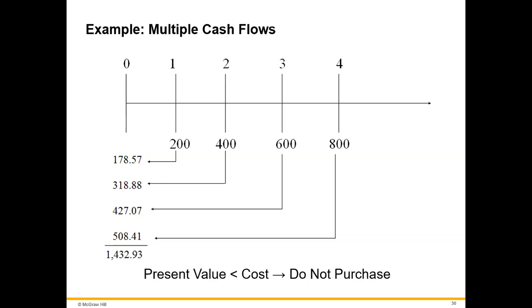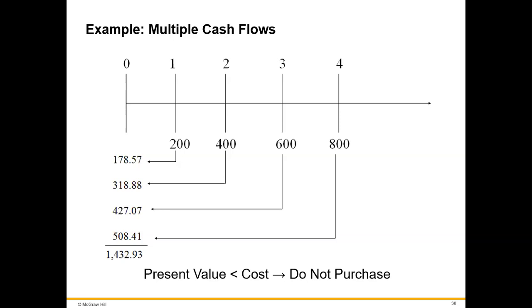For the next one, you would take 600 divided by 1.12 to the third power, 427.07, because the future values at the end of each year are increasing. The last one is worth 800. Divide that by 1.12 to the fourth power, the end of 4 years.